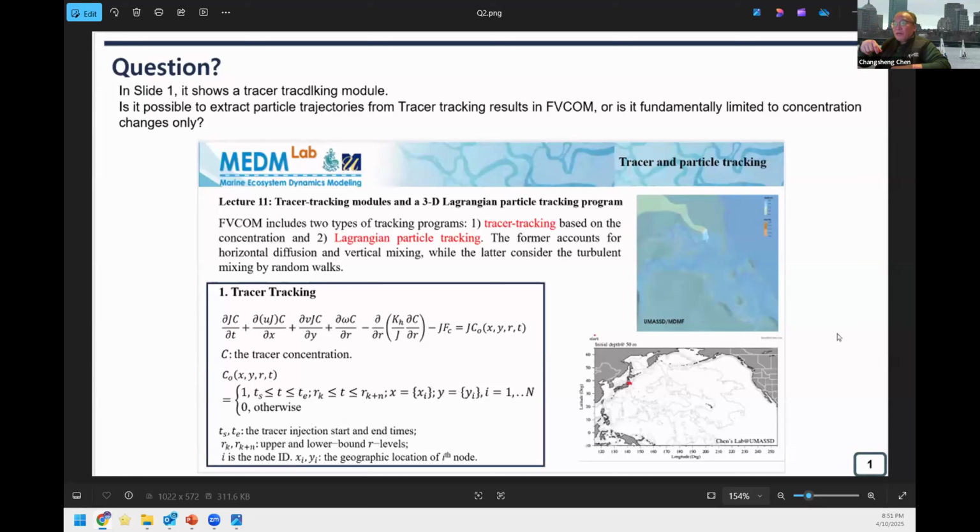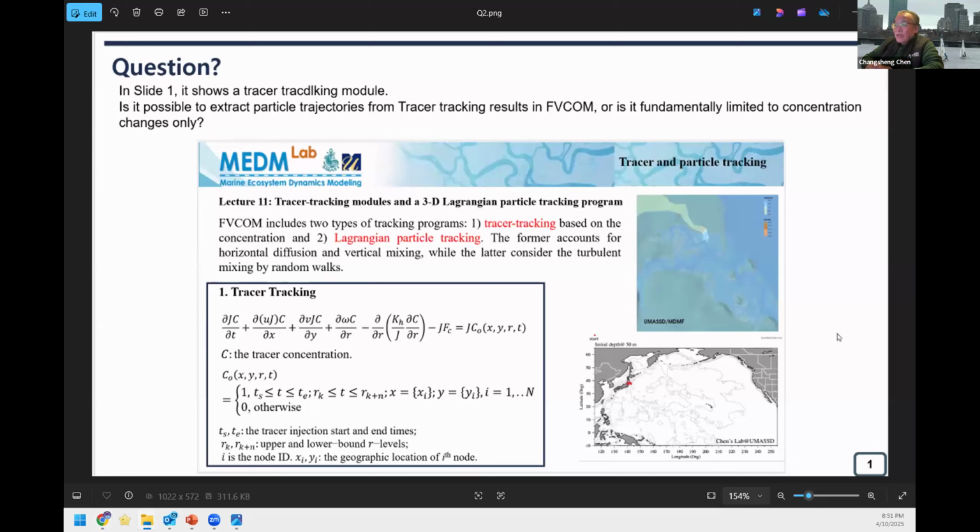A lot of people, like some wastewater treatment plants, always tell us, you should put a particle in there and do the study. They want to see how the particle goes, but they don't understand that particle and concentration behave differently. That's why you're not able to do that. Is the fundamental limit only the concentration change?